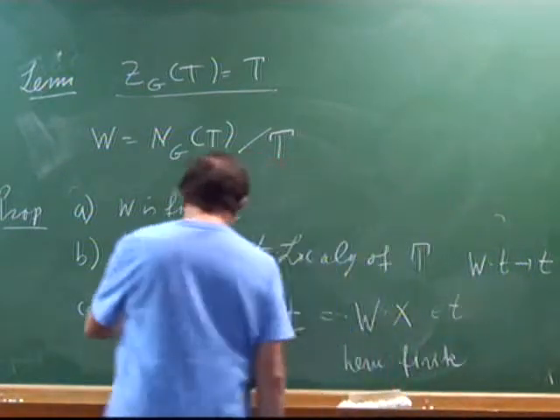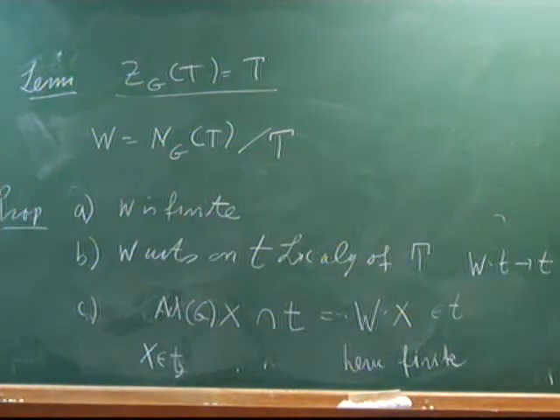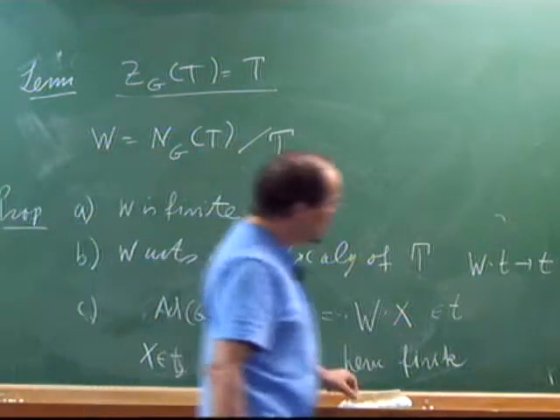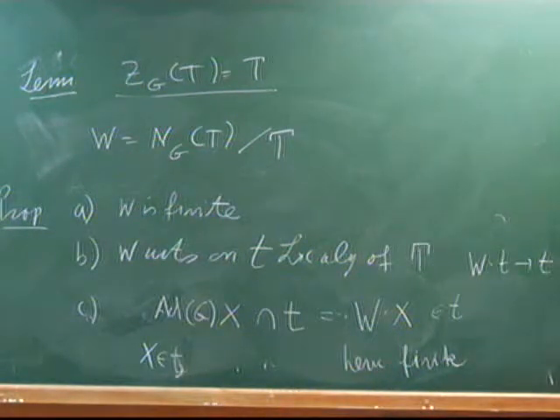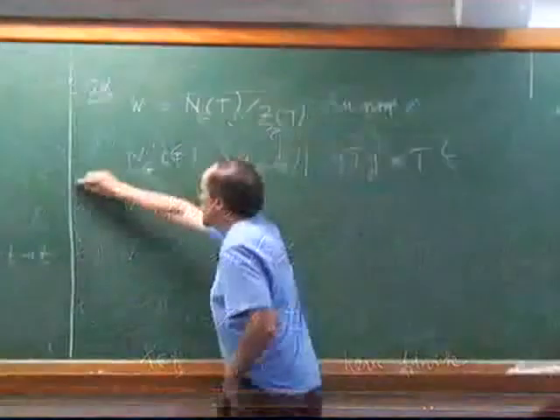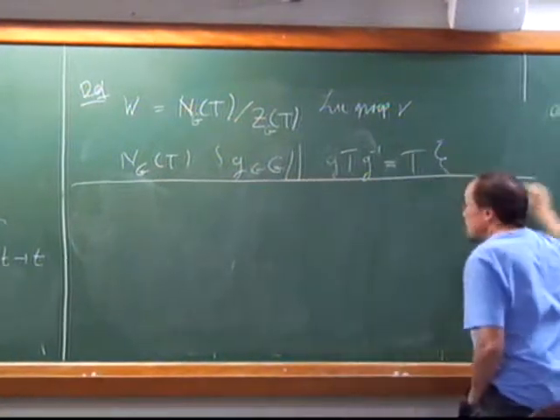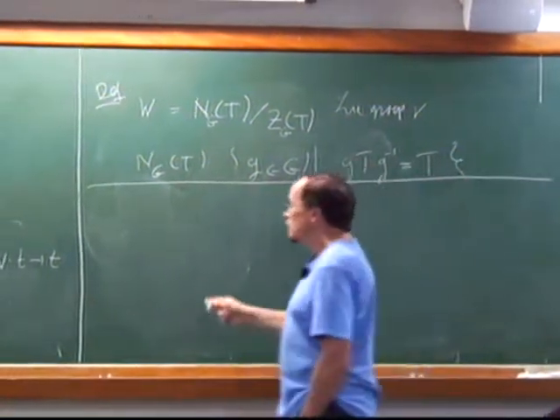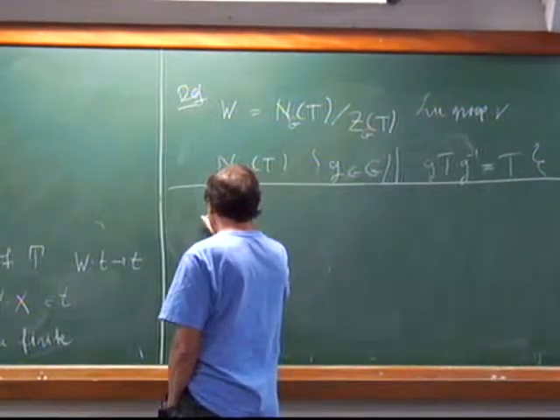So every adjoint orbit intersects this maximal abelian subalgebra in finitely many points. These finitely many points you can write down once you understand the Weyl group. And that's certainly something that's going to be crucial to understand the Weyl group. So let me prove a little bit of this at least.